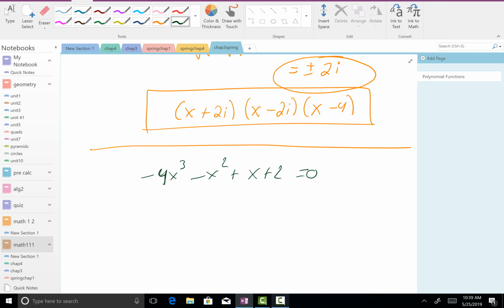Here, let's do this one then. What about this one? 2x cubed minus 14x squared, oh, I'll just have to do a fourth root. Sorry, folks.